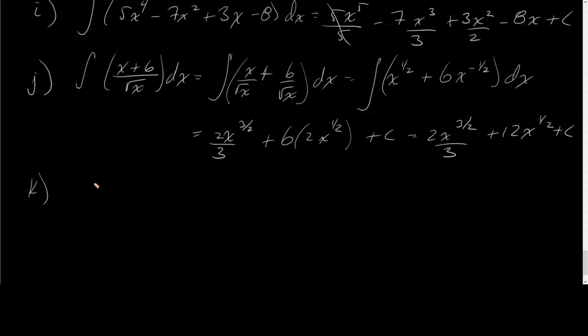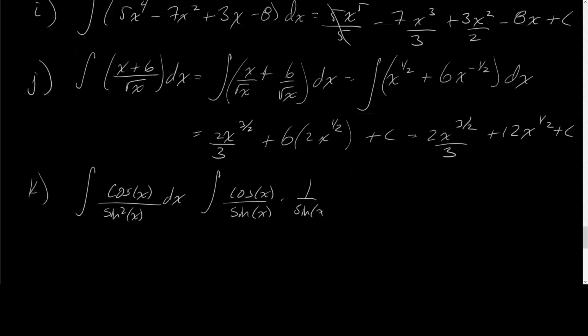Let's say I had the integral of, or the antiderivative of cosine of x over sine squared of x. Well, in here we can rewrite this as cosine over sine times 1 over sine.